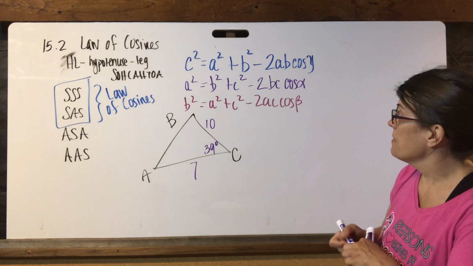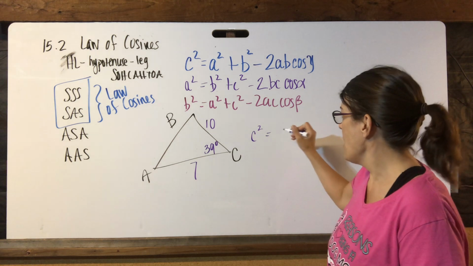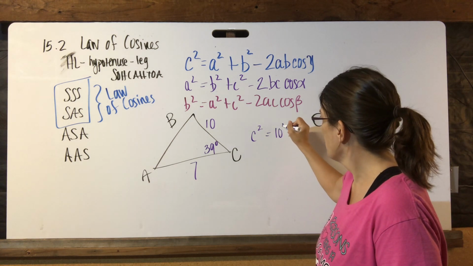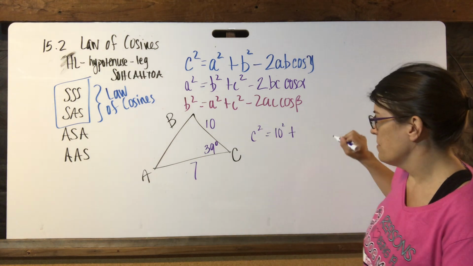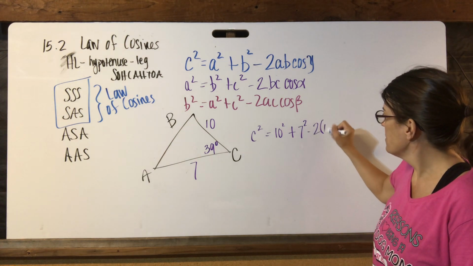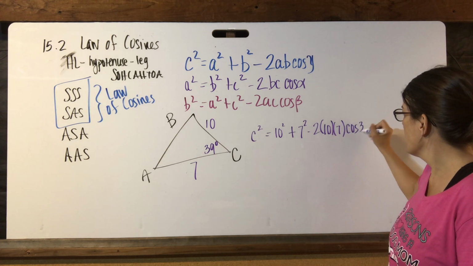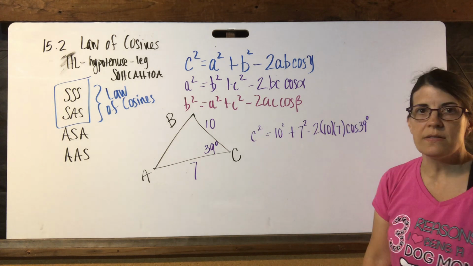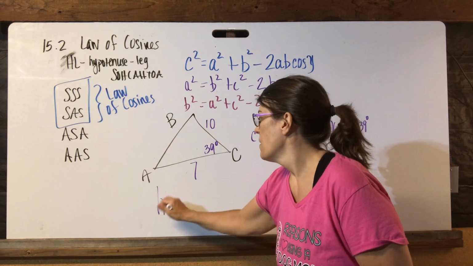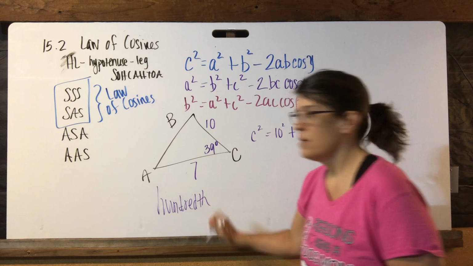Side C. All right, so C squared is equal to A squared plus B squared minus 2 times 10 times 7 times the cosine of 39 degrees. Round to the nearest hundredth, please. Unless you are told otherwise, you need to do hundredth.